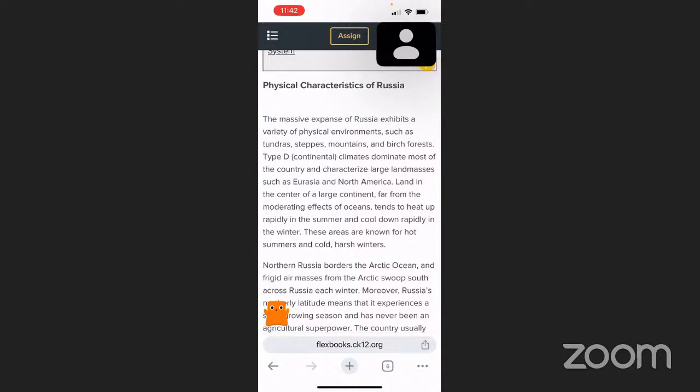Type D climates dominate most of the country and territories with large land masses such as Asia and North America. Land in the center of a large continent, far from the moderating effect of ocean, tends to heat up rapidly in the summer and cool down rapidly in the winter. These areas are known for hot summers and cold, harsh winters.